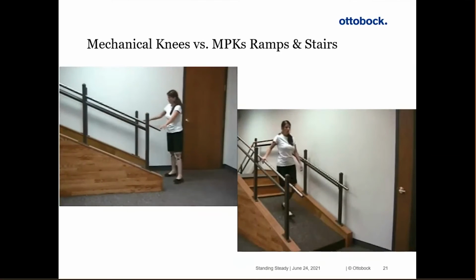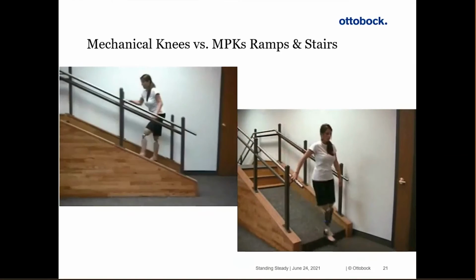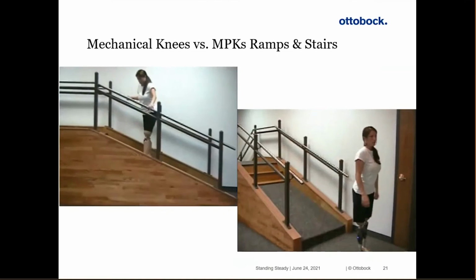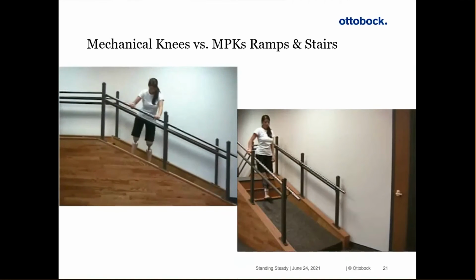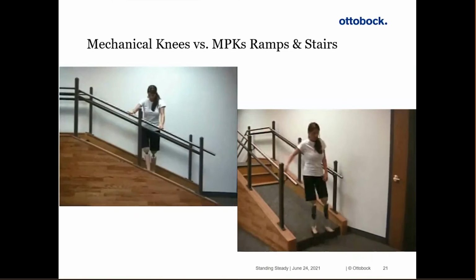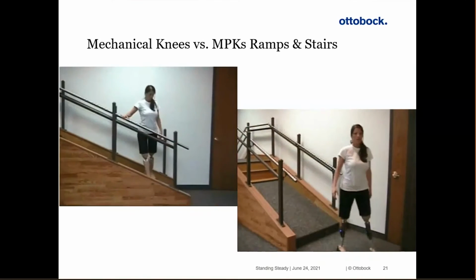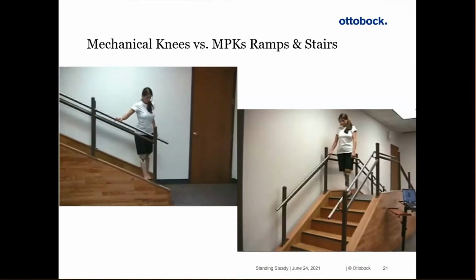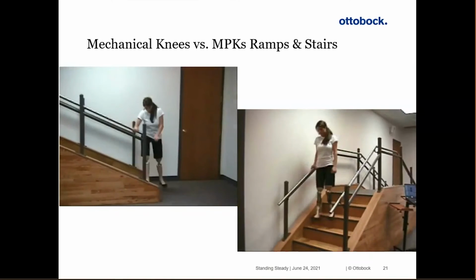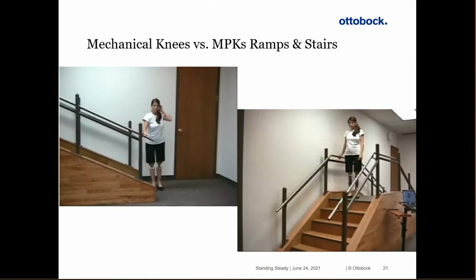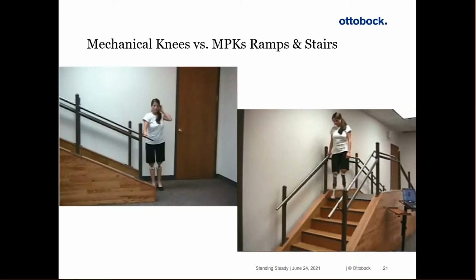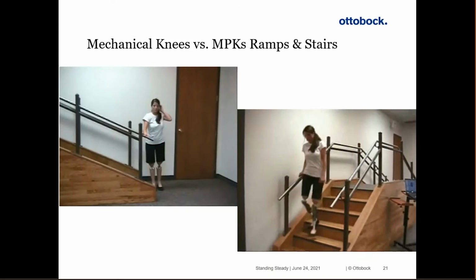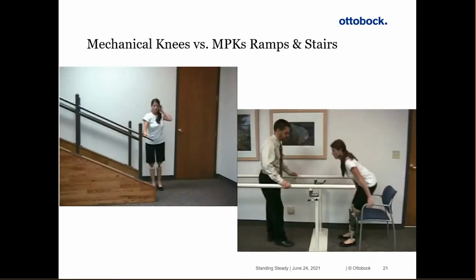With the microprocessor knees, she can go down a lot more naturally and a lot more smoothly. She may also prefer with the mechanical knees to sidestep down or pick a different way. And then stairs, really with the microprocessor knees, you can see a huge benefit. With the mechanical knees, she wouldn't really be going down the stairs.